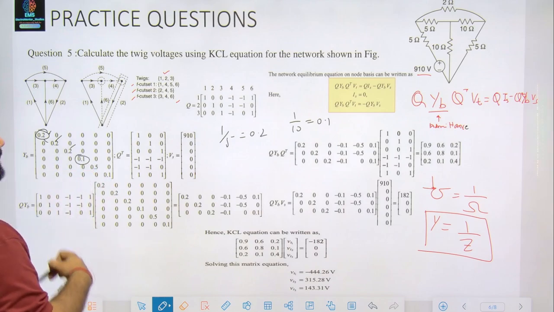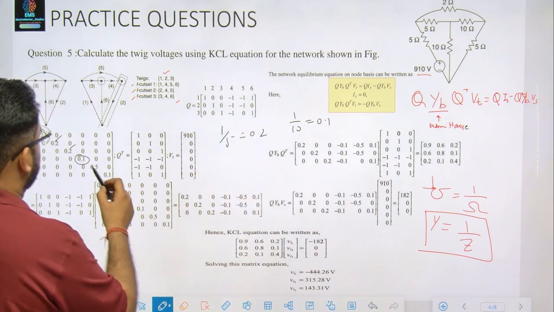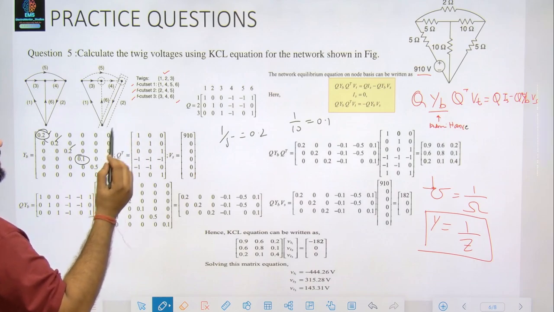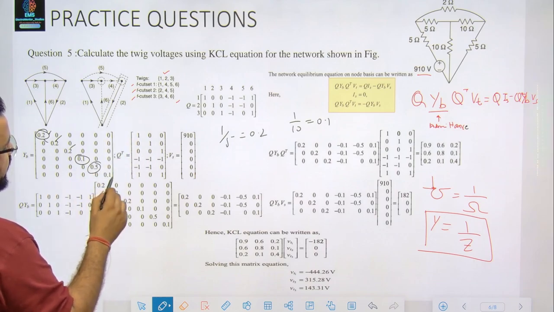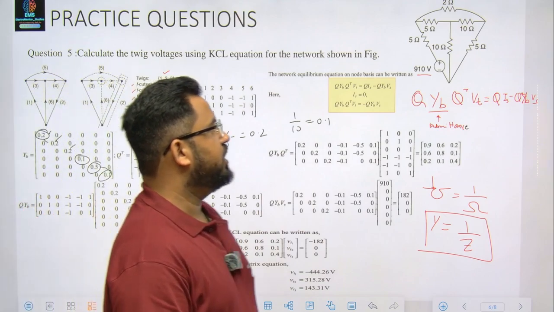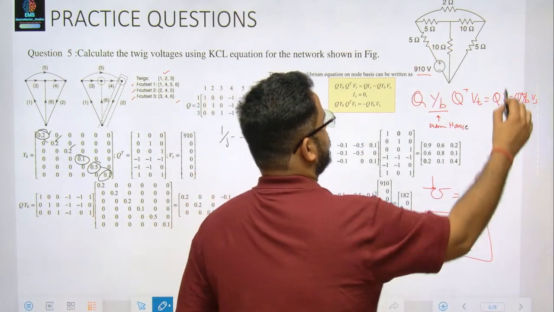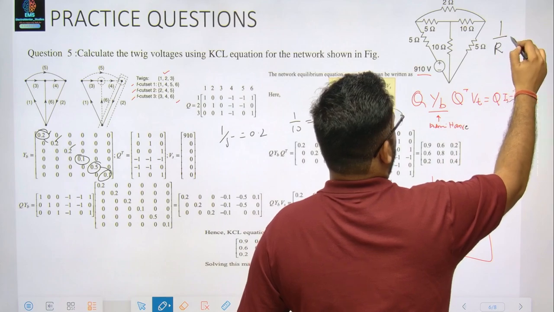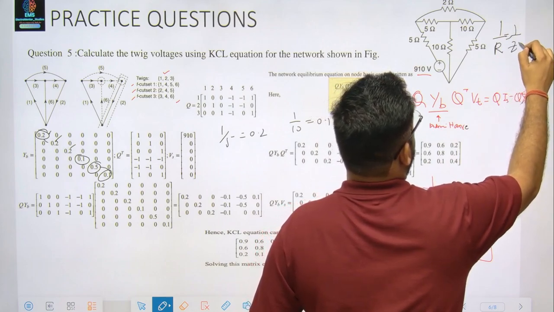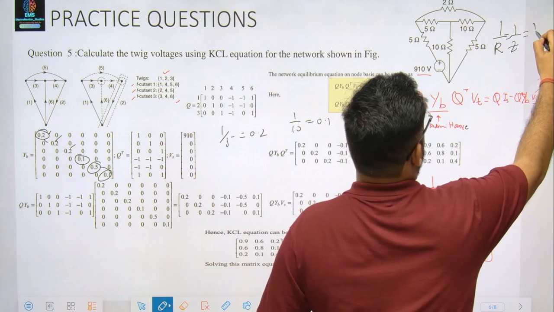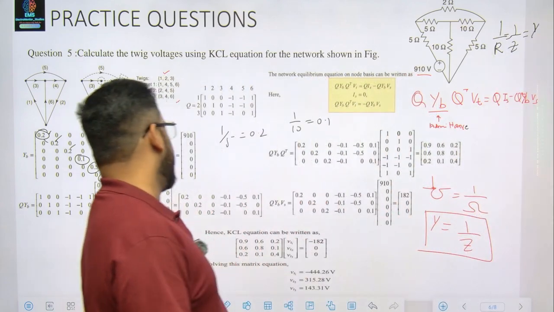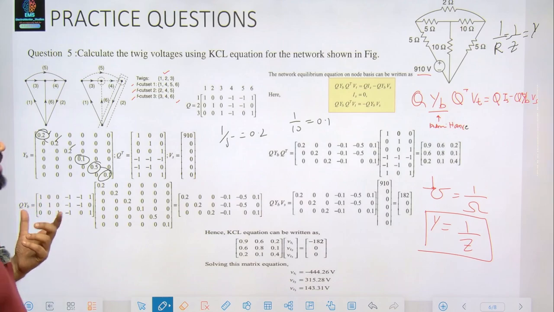One of them is having 10 ohms resistance, so 1 by 10 is 0.1. So we have just used 1 by R, or rather 1 by Z equals Y, the admittance matrix. This is how I get the admittance matrix.